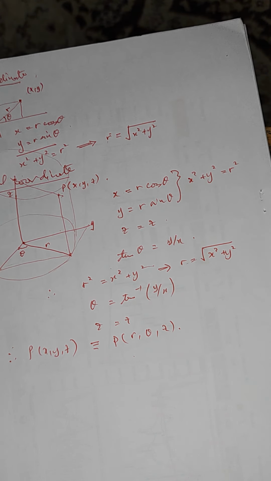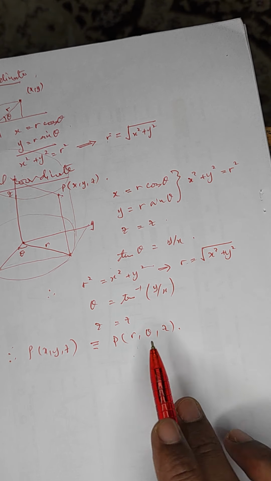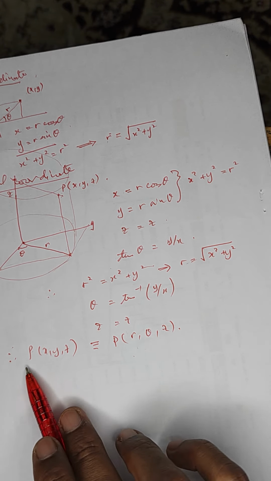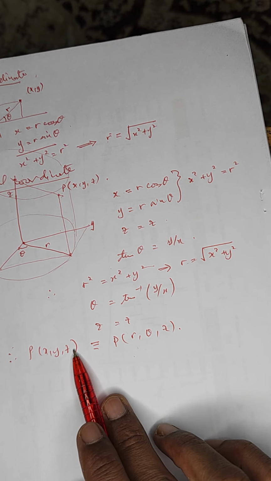This is what we call rectangular coordinates, and this is what we call cylindrical coordinates. So this is in cylindrical coordinates, and this is in rectangular or Cartesian coordinates.